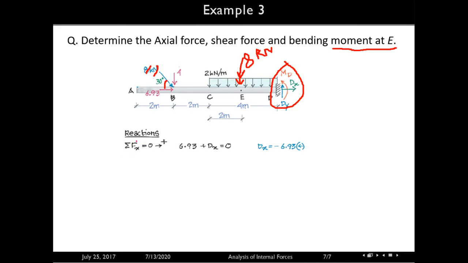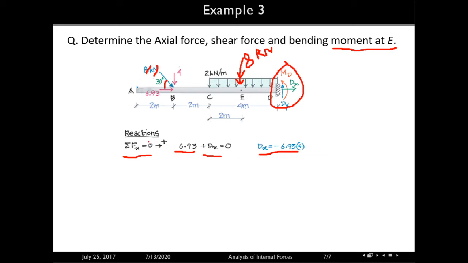Firstly, applying summation of Fx equals 0, and considering rightward direction as positive, we can see that in this entire beam the x directional forces are 6.93 rightward, so positive 6.93, and Dx in rightward direction. There is no other x directional force, only these two. So from here we can calculate the value of Dx, which is minus 6.93.